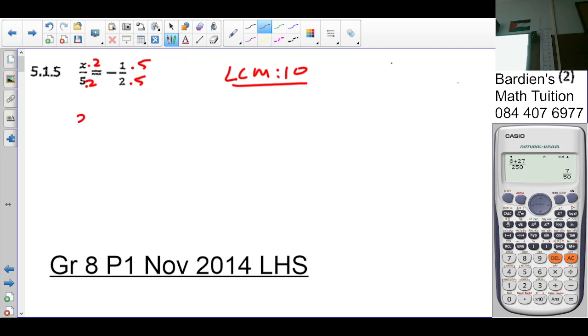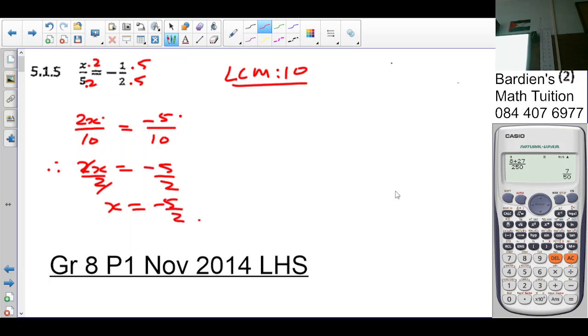So in other words, we have 2x over 10 is equal to negative 5 over 10. You see what you notice here? So the denominators are the same. Can you see that? So if the denominators are the same, you're going to equate the numerators. So 2x is equal to negative 5. Divide by 2 both sides. So x is equal to negative 5 over 10.